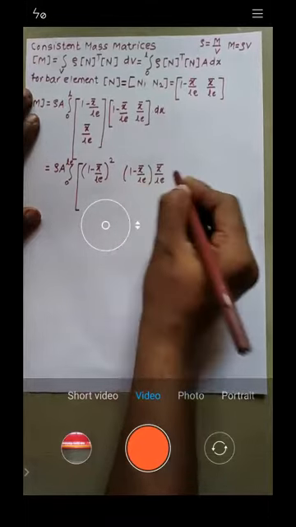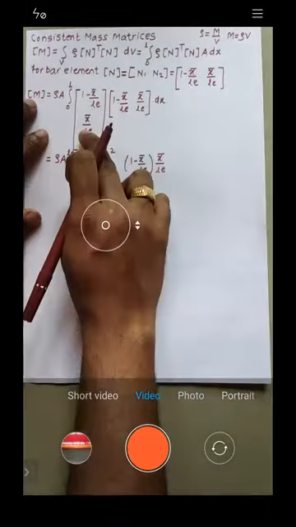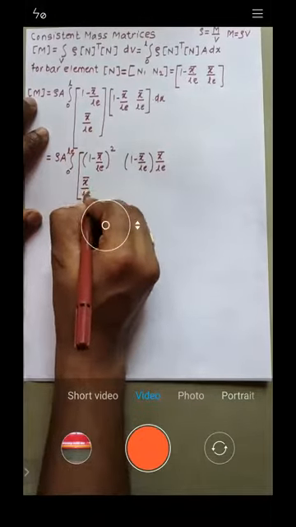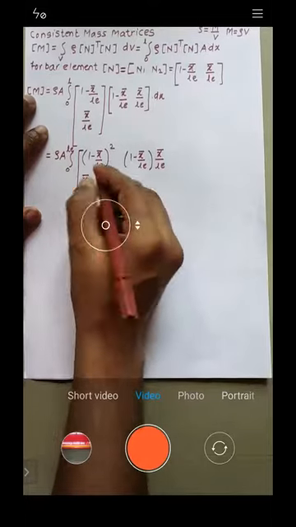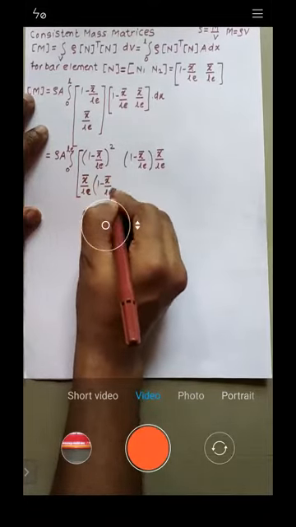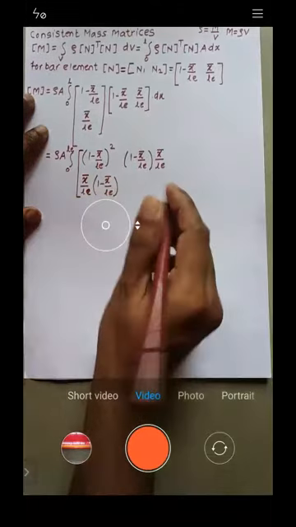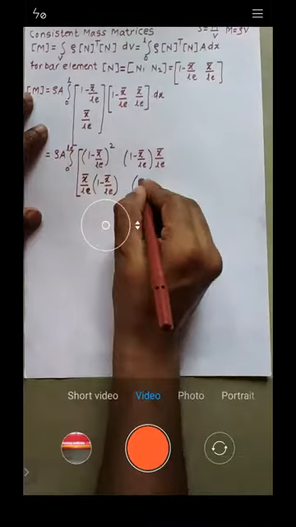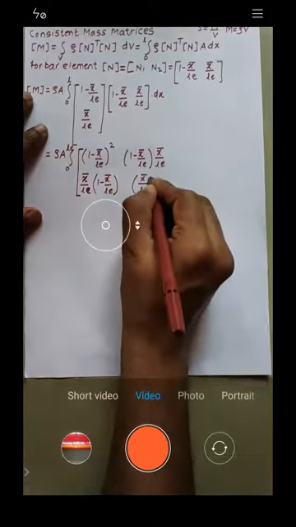Next, this into this, x bar by LE into 1 minus x bar by LE. Next, this one becomes x bar by LE, its whole square.